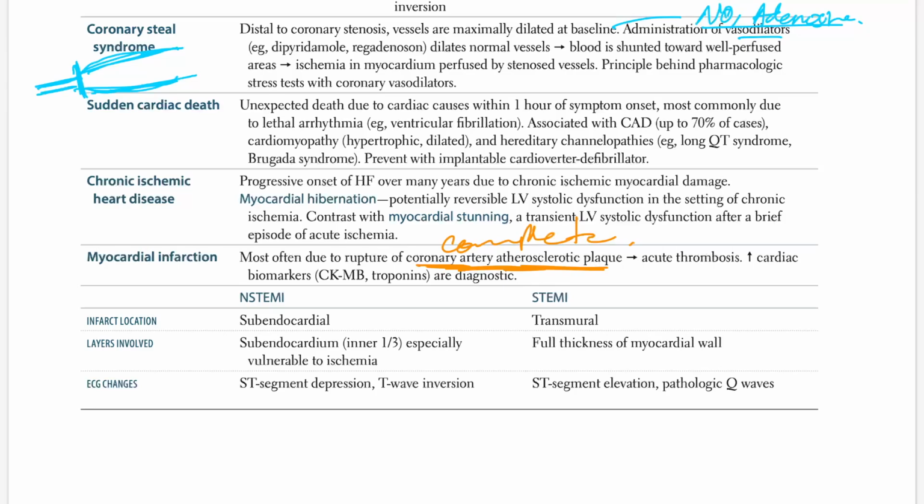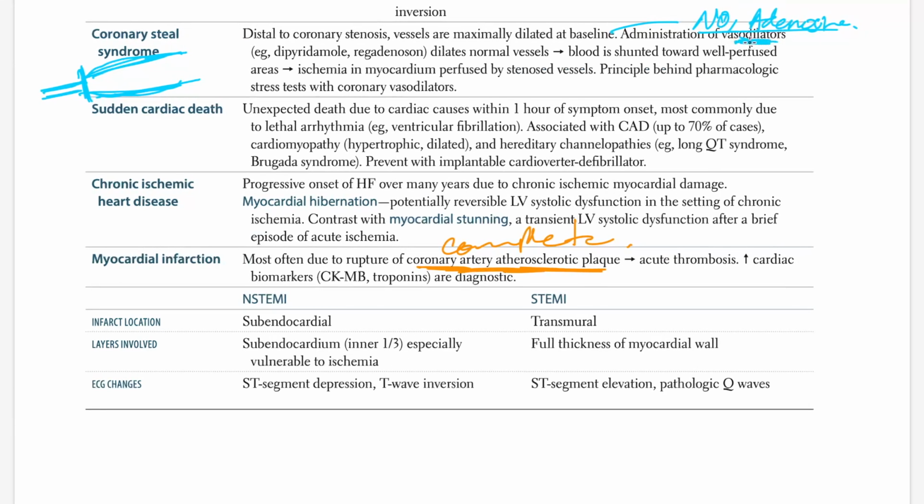And administration of any vasodilator from outside would dilate the normal vessels. So let's say this was stenotic, so you dilate it here endogenously, but you give some agent from outside, which would dilate just normal vessels. So all the vessels are dilated. Now what's going to happen is blood is shunted towards well-perfused areas.